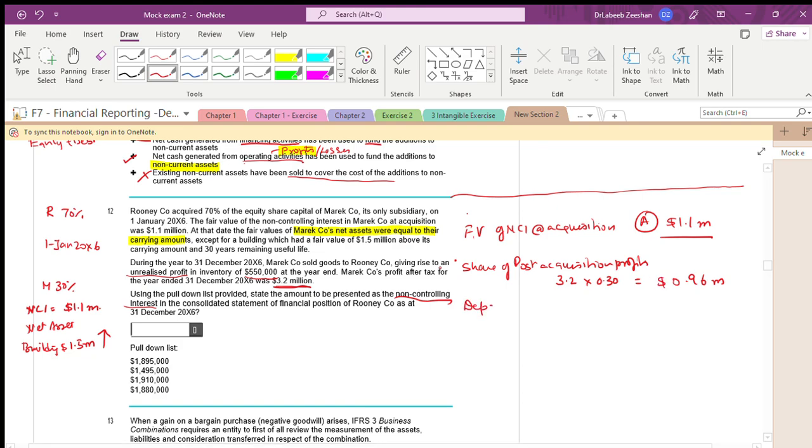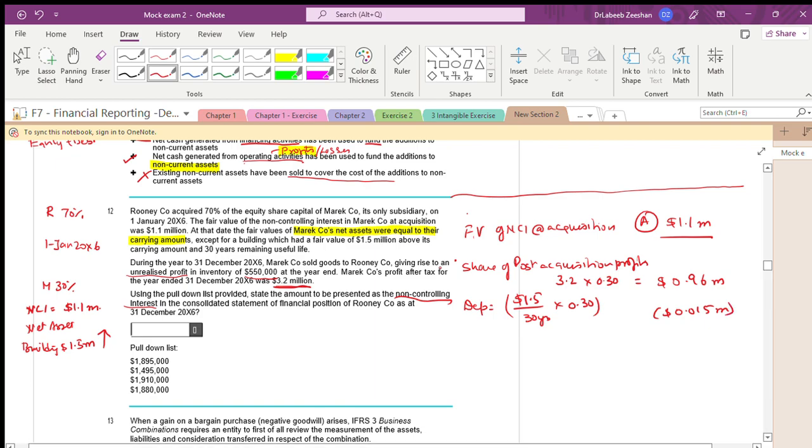Depreciation: 1.5 divided by 30 years, into 0.3. How much will you get? 1.5 divided by 30 into 0.3 is 0.015.